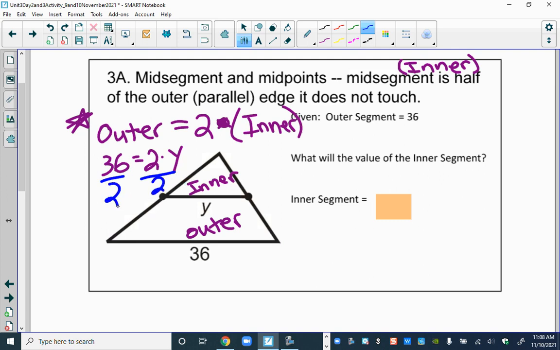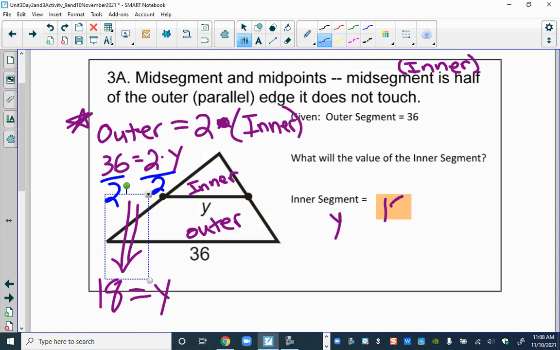So then our y value would equal 18. Yep, that's it. I'll just write it down here. 18 is the y value. That's our inner segment. So y is going to equal 18.